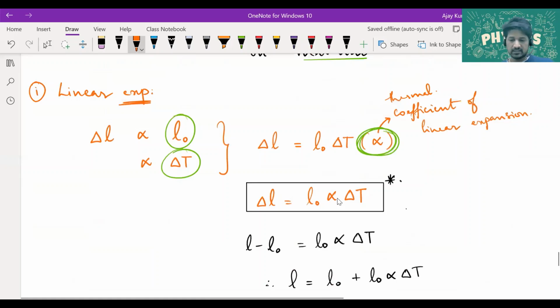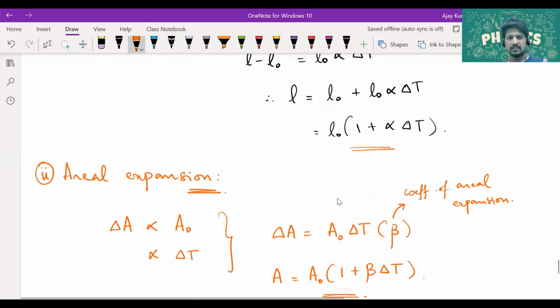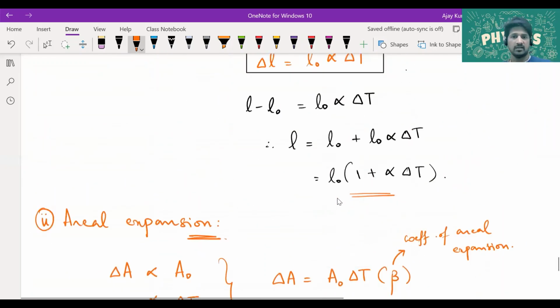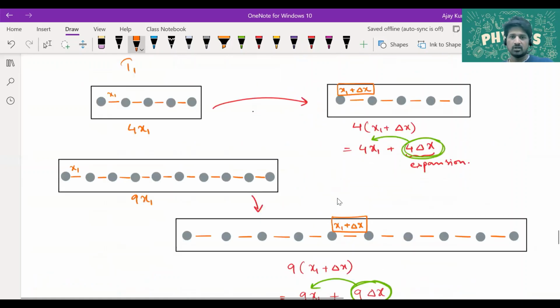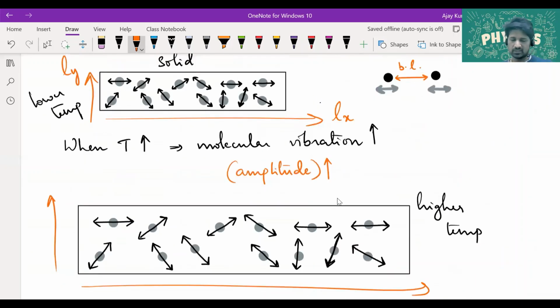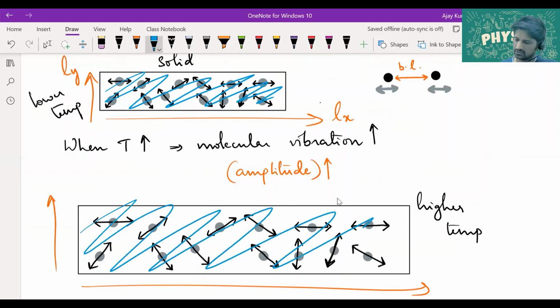And see, linear expansion, areal expansion, volume expansion, these three also can be related. How much the area increases depends on how much length and breadth increase. Like you consider this diagram itself, the area is increasing. We know that. In the first case, this is the area that you see. In the second case, this is the area that you see. But how much the area increases depends on how much the length and breadth increase.